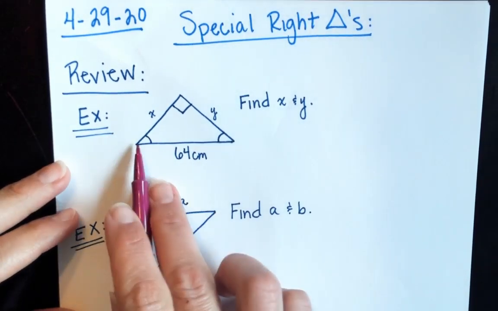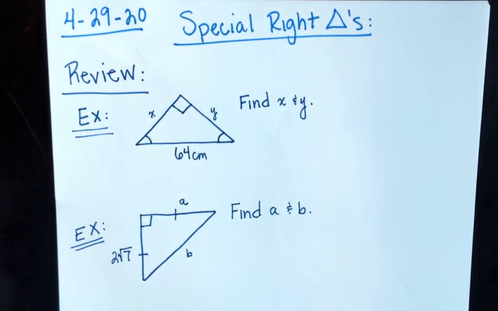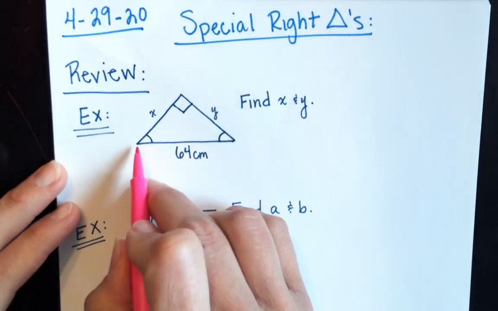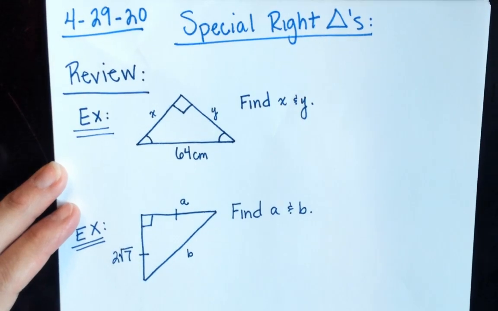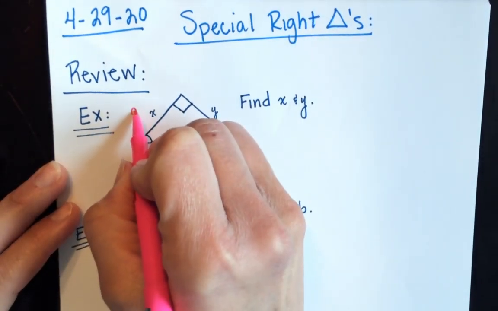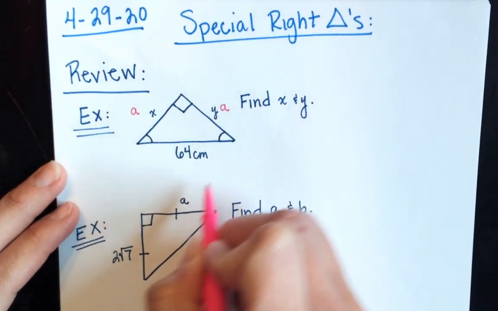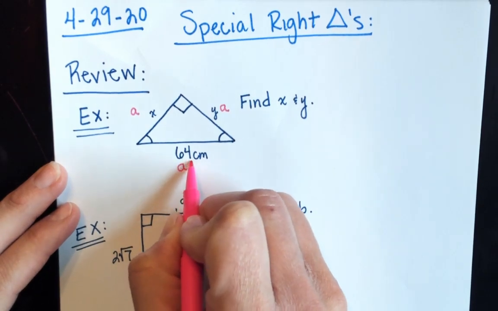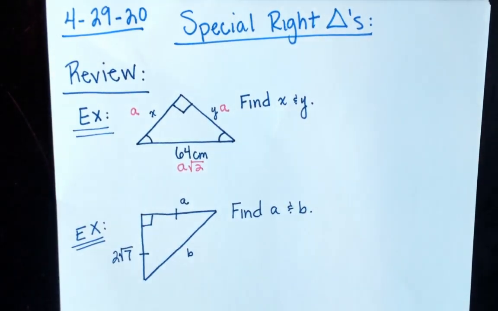So the first thing I recognize is that this is a 45, 45, 90. I'm going to place opposite the congruent sides our formula A, and then opposite our 90-degree angle is our A radical 2.